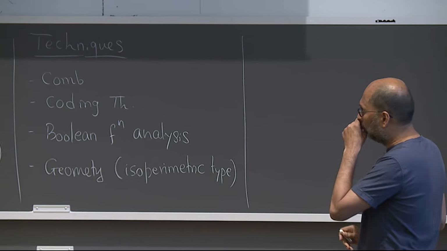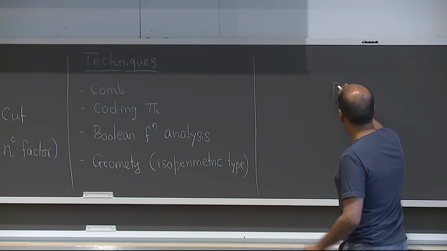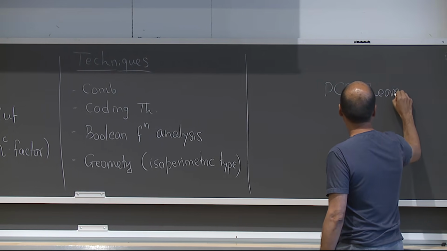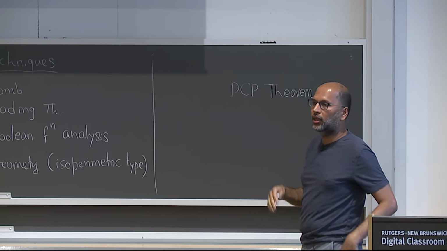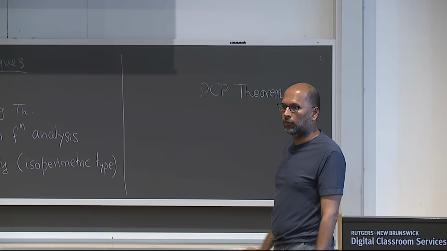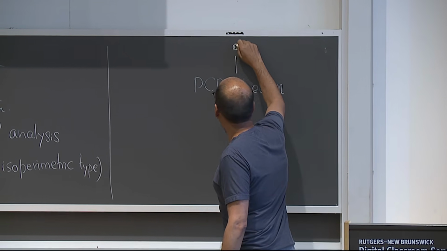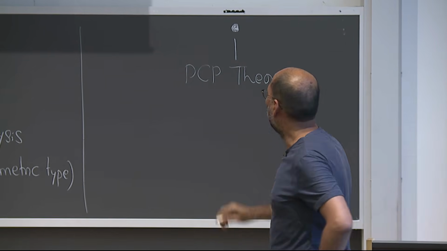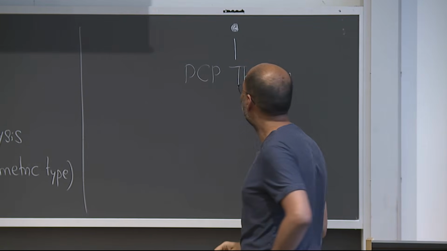Vast majority, if not essentially all, of the results start with what's known as the PCP theorem, which I would call the grandmother of all hardness results, because essentially everything flows from this. There are some, I can think of two quite interesting results, which can be done without assuming the PCP theorem. So I will quote one of them.